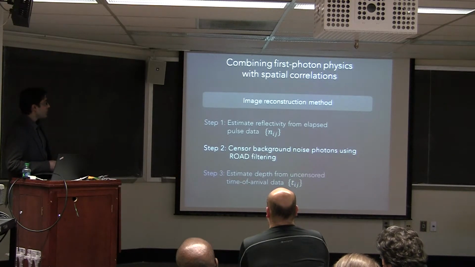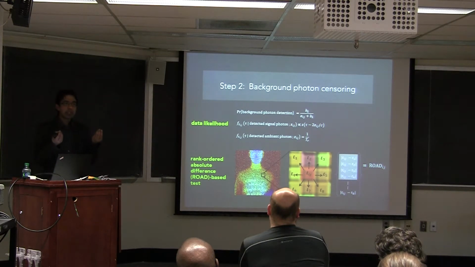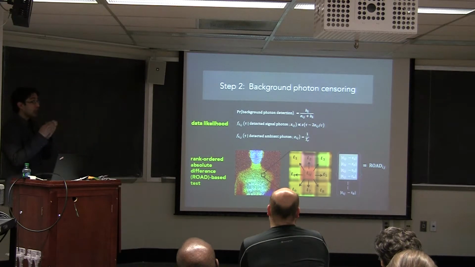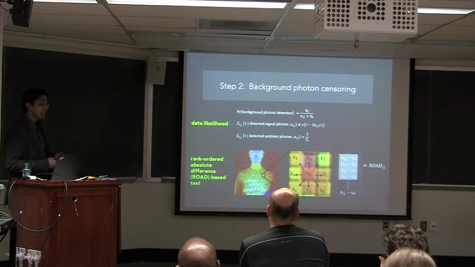That noise removal step is really about trying to distinguish between two distributions. There's the uniform distribution that arises when a detection is due to background light, and then there's the more peaked distribution that's due to light that's actually reflected back from the scene. We design a statistical test based on the rank-ordered absolute difference statistic.